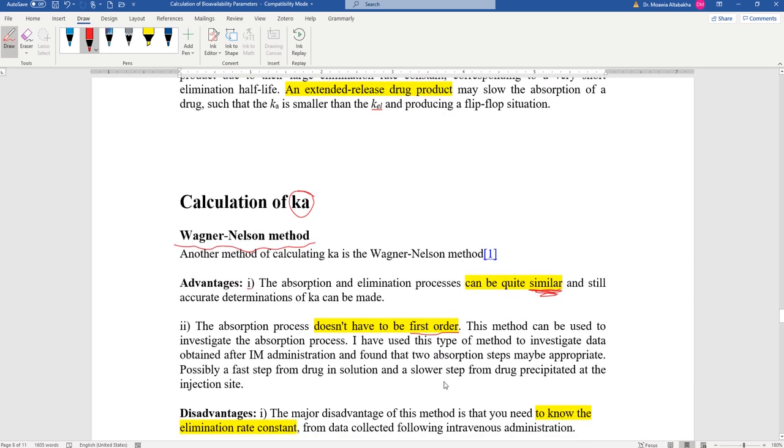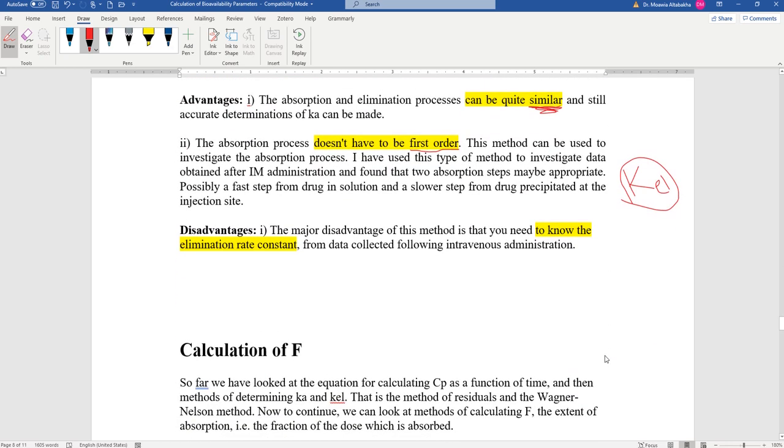The disadvantage is that, unlike the residual method, where in the first step we got KL and in the second step we got KA, with the Wagner-Nelson method you must have KL before you can apply the method. And how will you get KL? You need to give an IV injection. The IV injection will allow you to get KL.